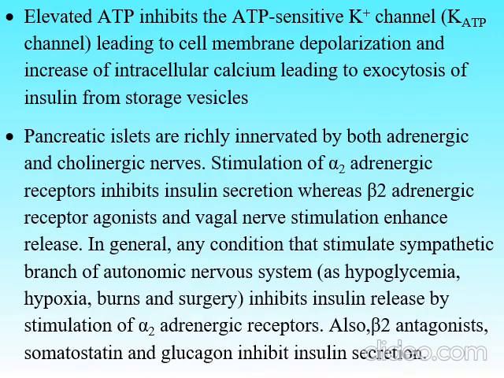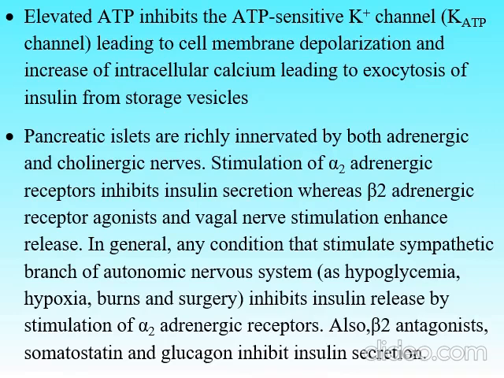Pancreatic islets are richly innervated by both adrenergic and cholinergic nerves. Stimulation of the alpha-2 adrenergic receptor inhibits insulin secretion, whereas beta-2 adrenergic receptor agonists and vagal nerve stimulation enhance release.